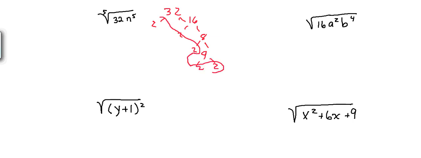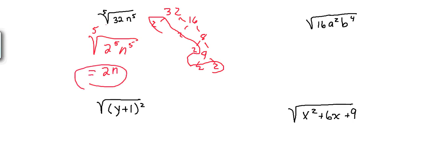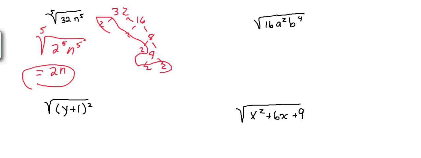And I end up with 2 to the fifth, so I have the fifth root of 2 to the fifth, n to the fifth. I can take out a 2 and I can take out an n. And that's 2n.